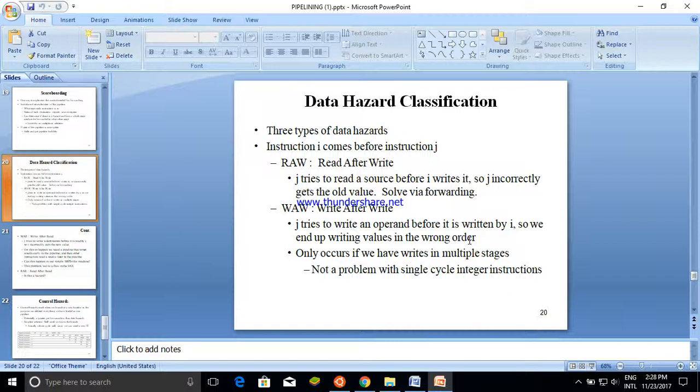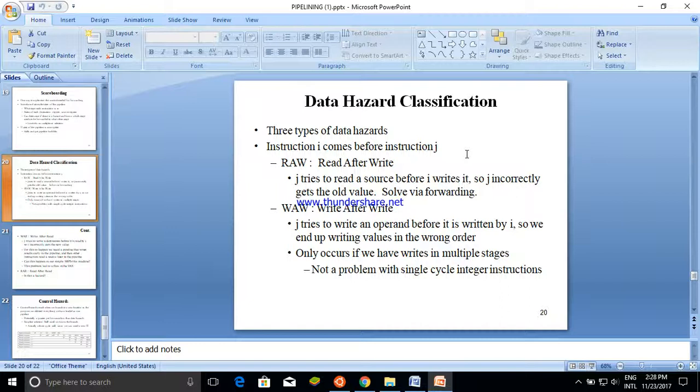What happens in RAW, read after write? The given data is very important, that is instruction I comes before instruction J. Now J tries to read a source before I writes it. Obviously if J tries to read a source before I writes it, J incorrectly gets the old value.